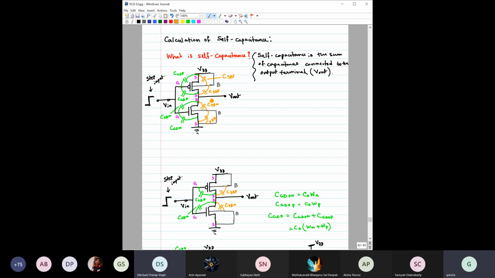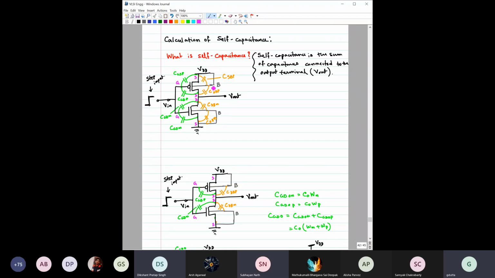Okay, but Shubhayan, I have a question here. For this configuration, I have drawn the body terminal as well, right? For NMOS, the body terminal is generally grounded, and for PMOS, the body is generally shorted, means both body and source are shorted, right?